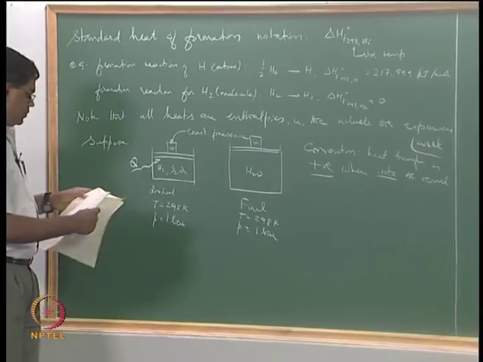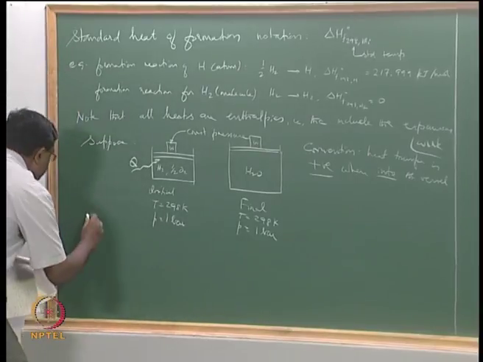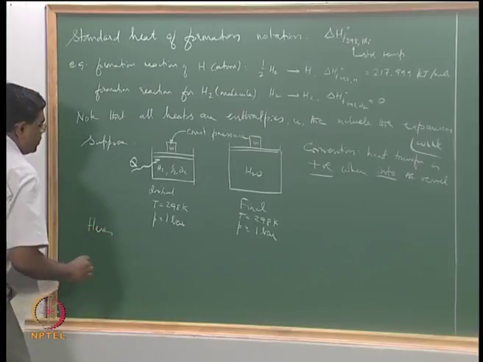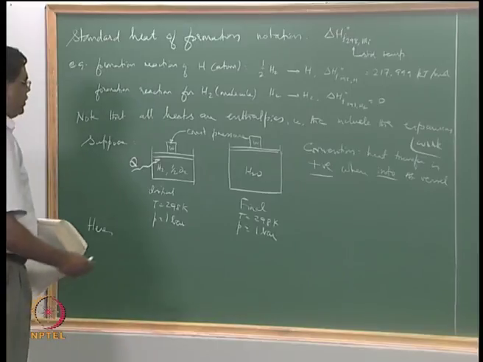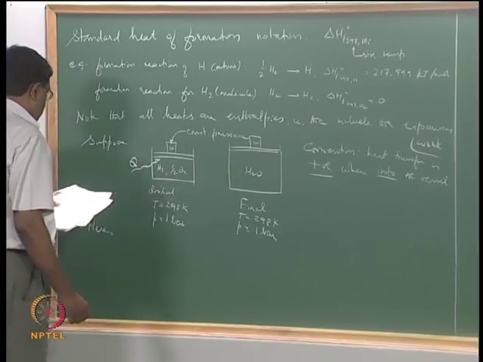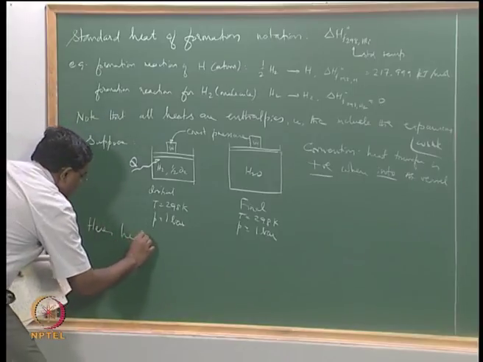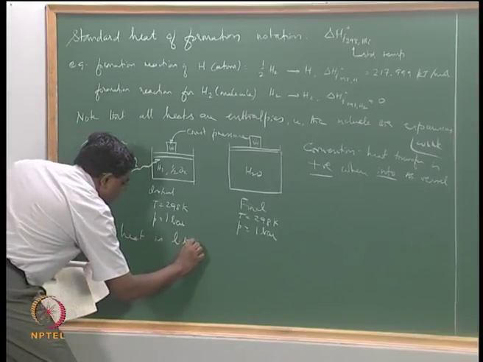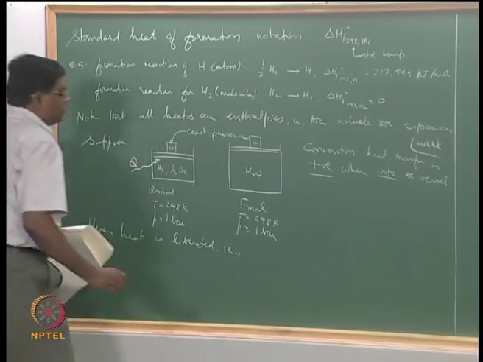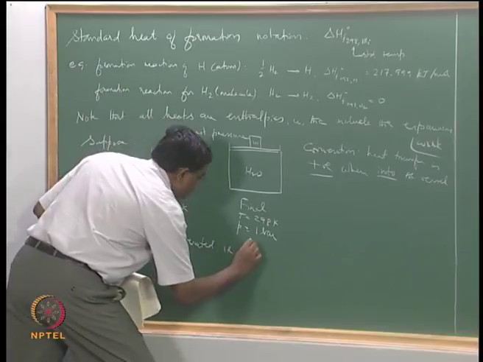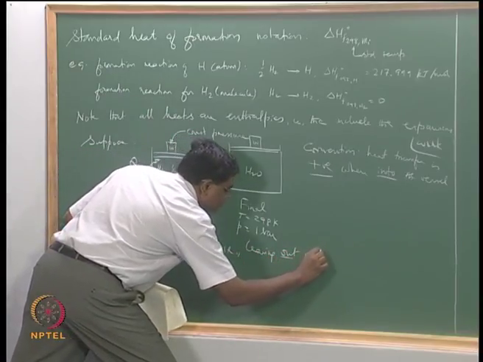And so here, as in this example where we are taking H2 and half O2 initially and then it becomes H2O, the heat is liberated, that is, leaving the system, leaving the vessel.